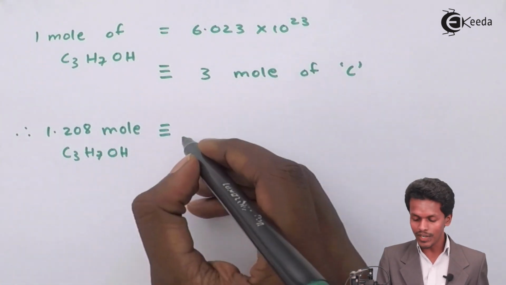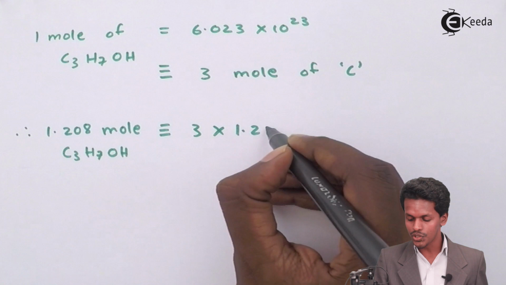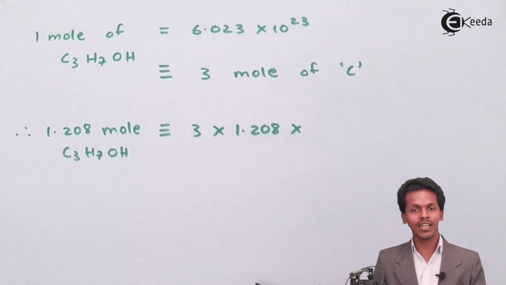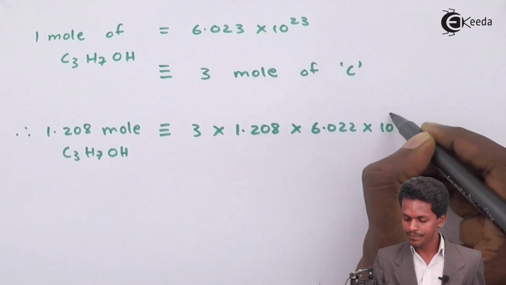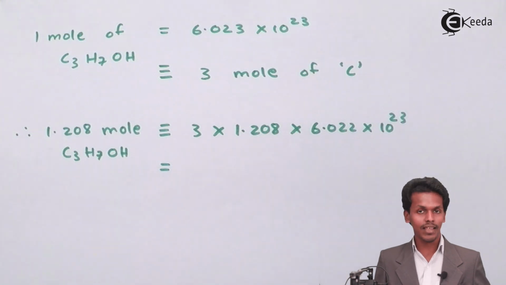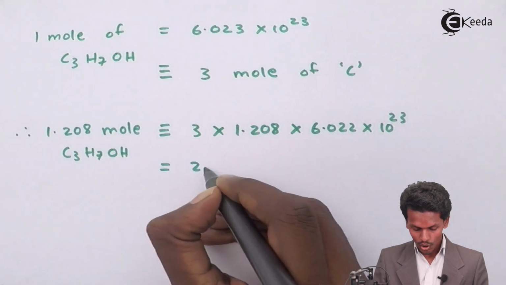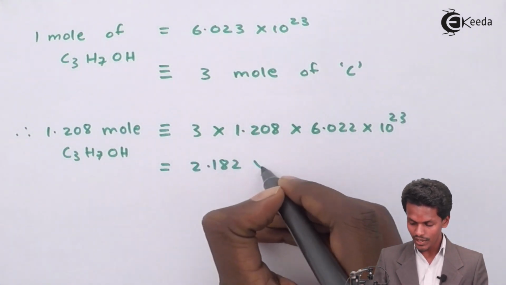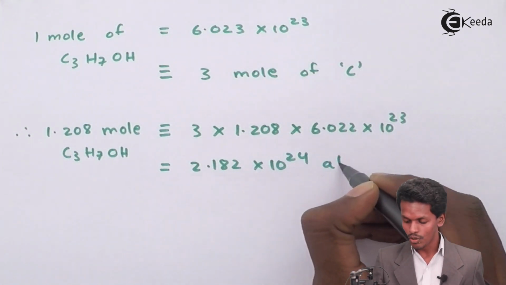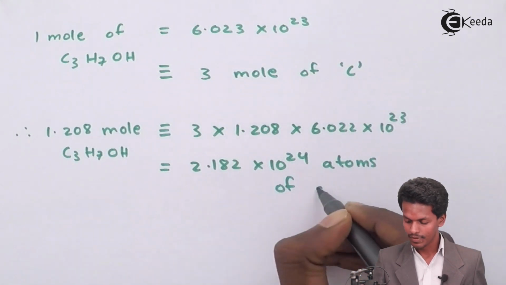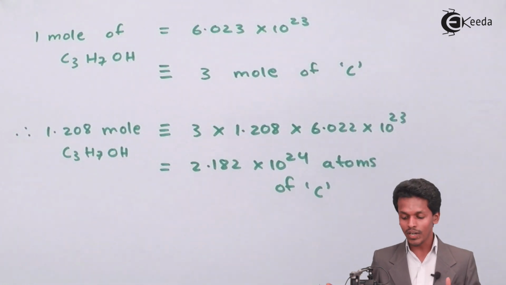It is easy to calculate: 3 into the number of moles, 1.208, into 6.022 into 10 raised to 23, since 1 mole of any atom contains the Avogadro number. Calculating this, we get 2.182 into 10 raised to 24 atoms of carbon, which is present in 1.208 mole of isopropanol. So this is for carbon.